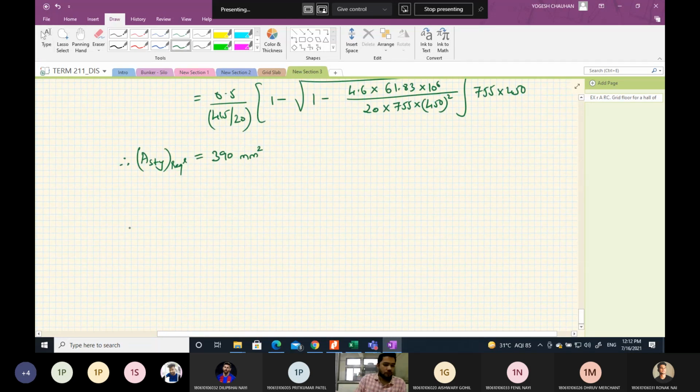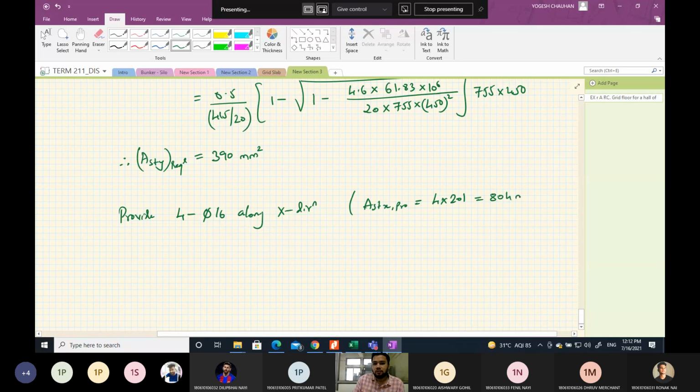So let us provide 4 bars of 16 mm diameter along x direction. Okay. So that will give ASTX provided equal to 4 into 201. 201 is the area of 16 mm diameter bar.